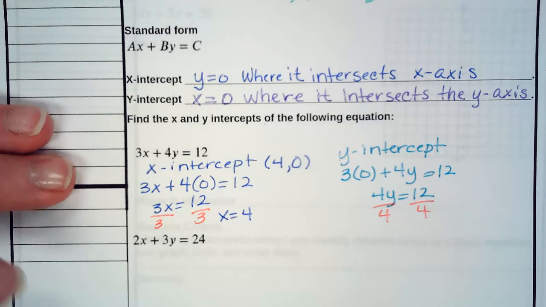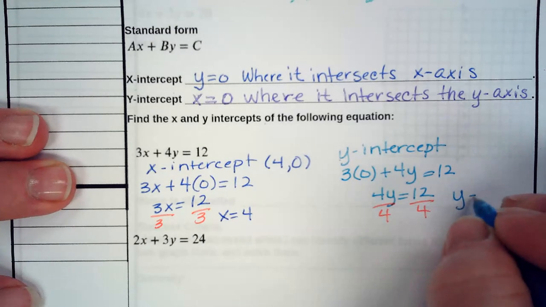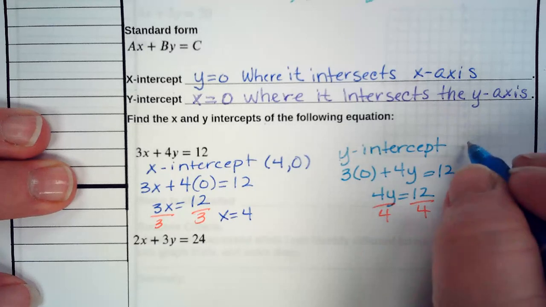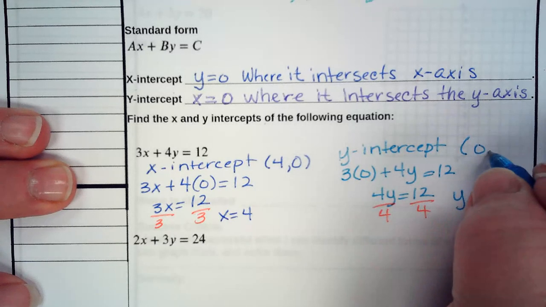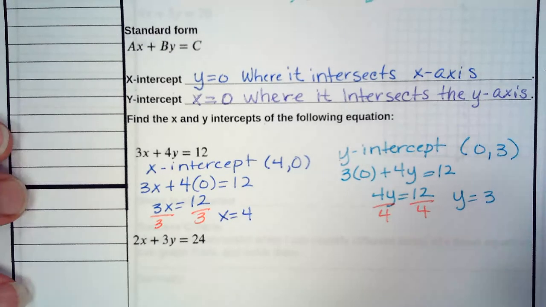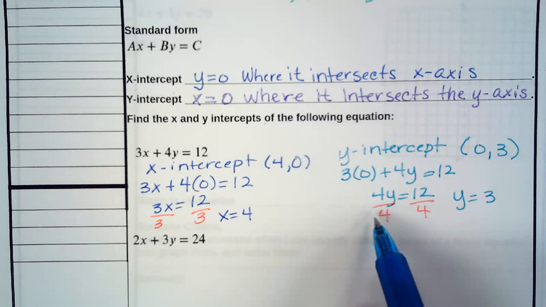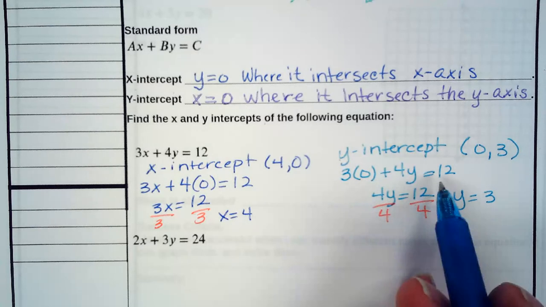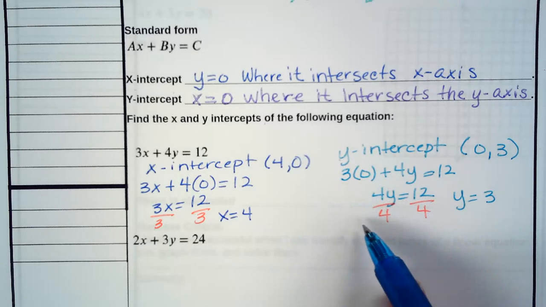And y is equal to 3. The y-intercept is the point 0, 3. So we now have 2 points. If we wanted to graph it, we could use the points 4, 0 and 0, 3 to graph the linear equation. So pause the video and see if you can do the next one on your own.